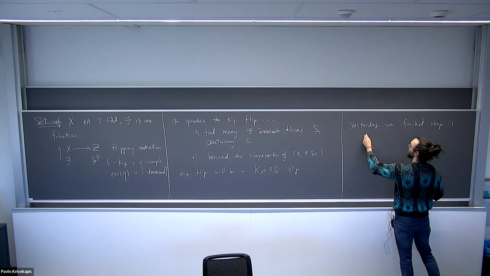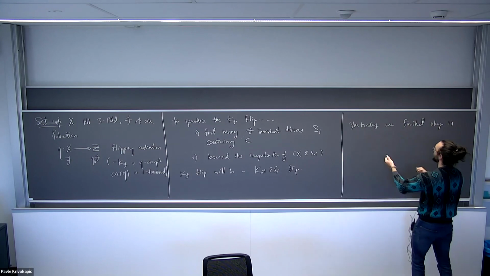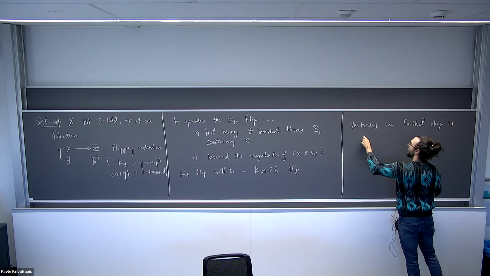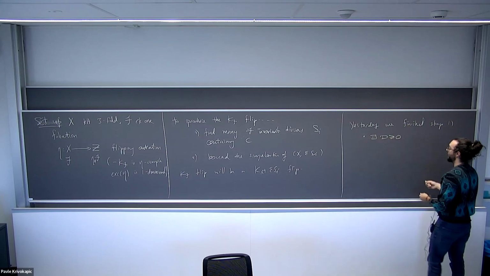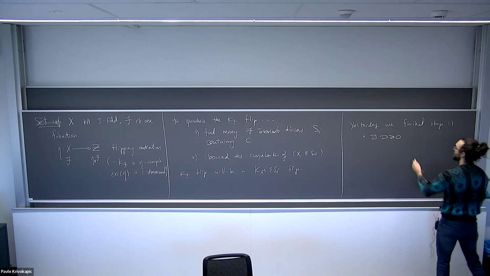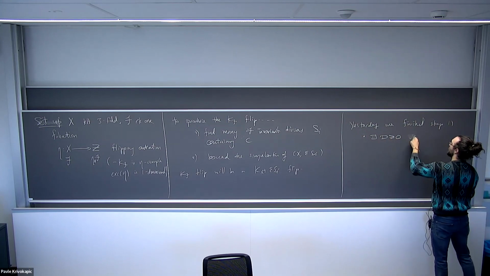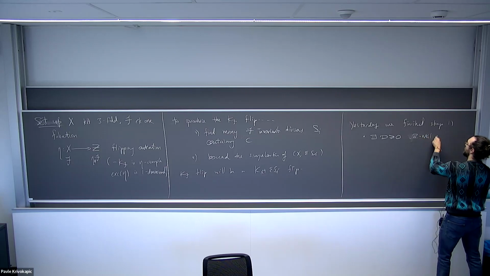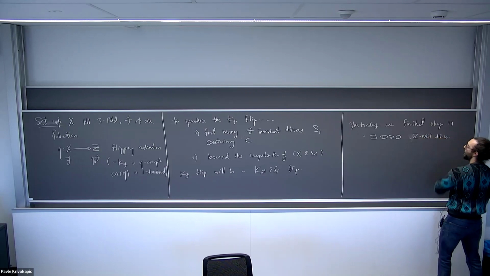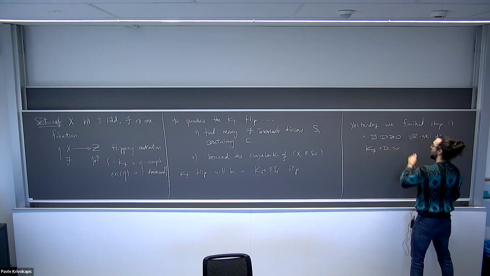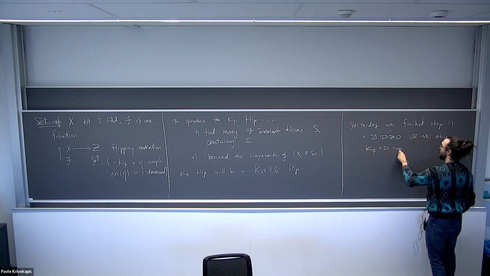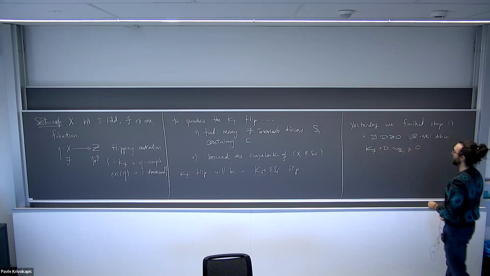The key step was that there existed an effective Z-divisor D, such that KF plus delta was Q-linearly equivalent over Z to 0.